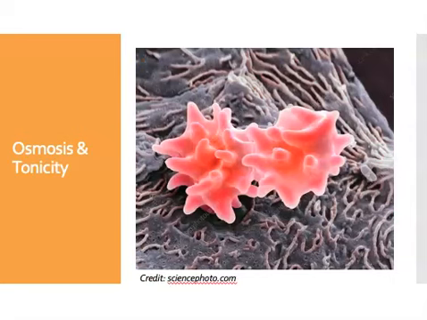On this slide, you can see a really nice electron microscope image of two red blood cells that have undergone crenation. These two cells have lost so much of their volume that the membrane has just collapsed in around the reduced amount of cytoplasm, creating these projections.